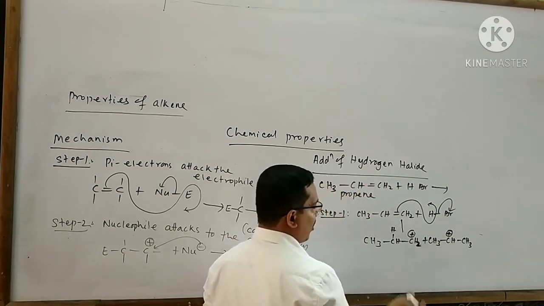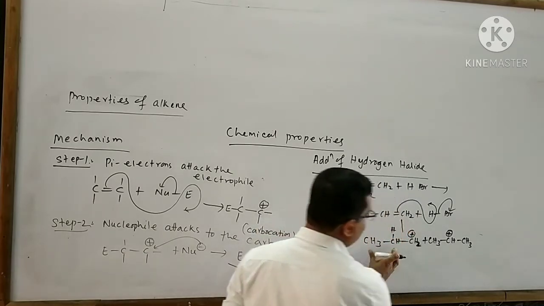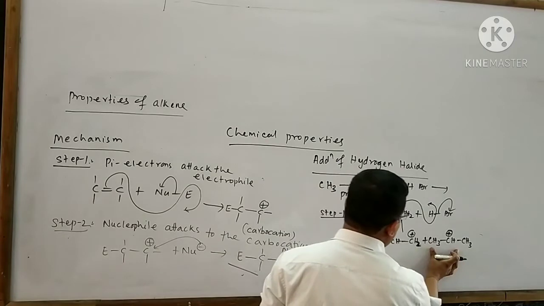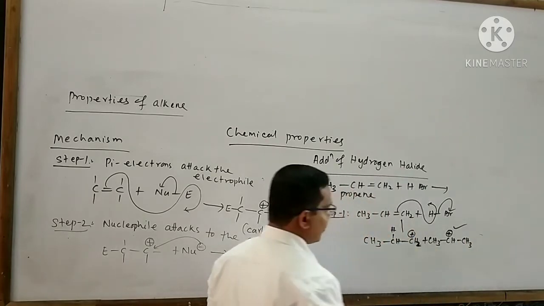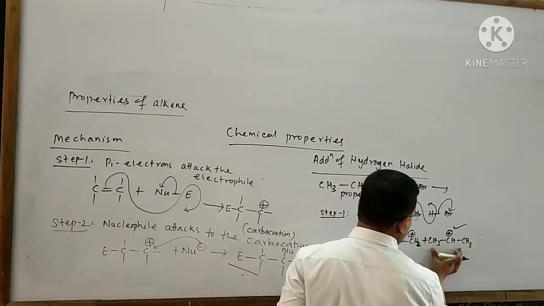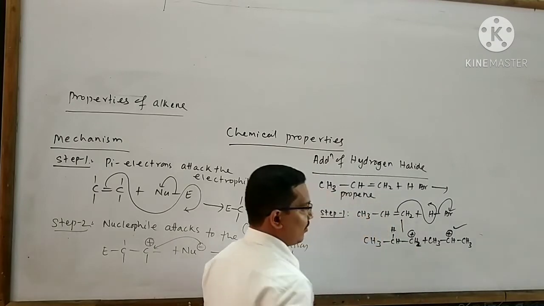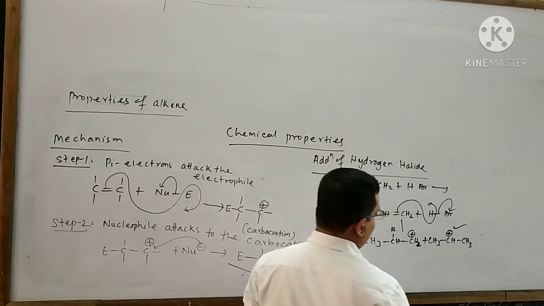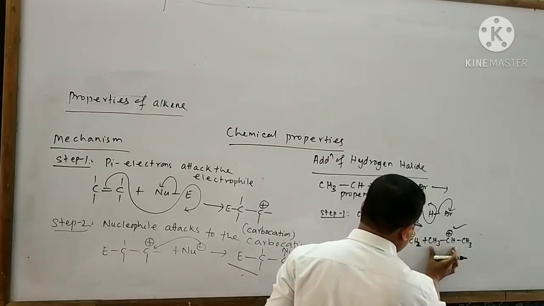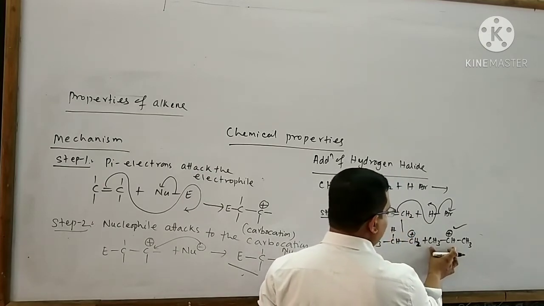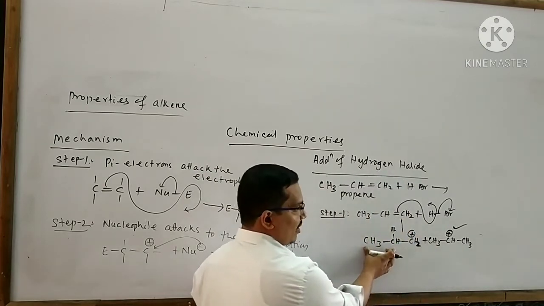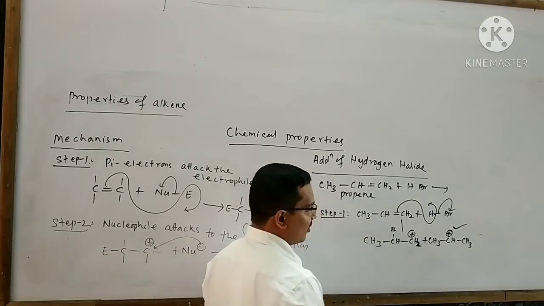So the product formed by this carbocation is less stable as compared to the product formed by this carbocation. So this is more stable and this is less stable. So the product obtained by this carbocation is major and the product obtained by this carbocation is minor.